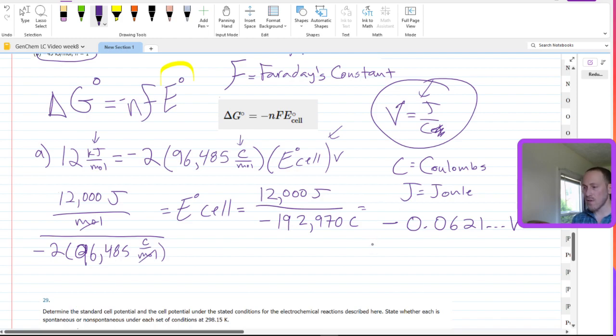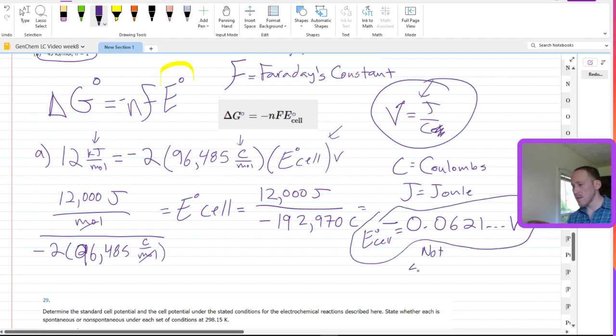So the standard E cell for this first one is that, and it's not spontaneous.